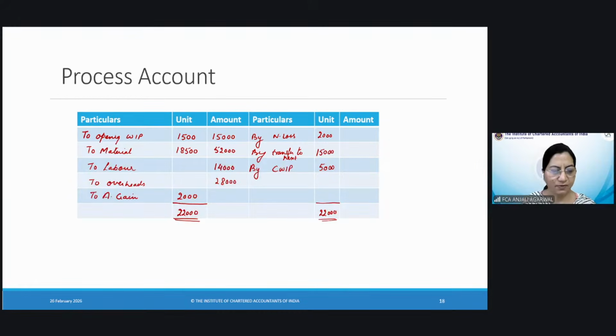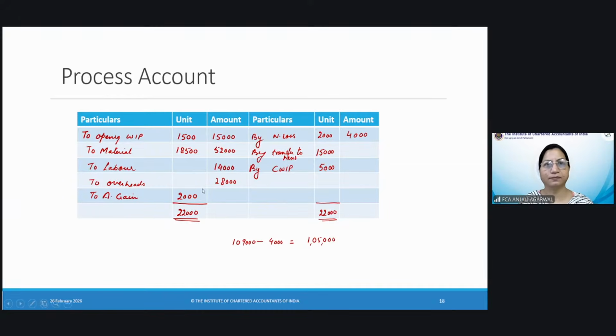So once again, total cost is 15,000 plus 52,000 plus 14,000 plus 28,000, which is 1,09,000. And scrap realized from sale of normal loss would be 4,000. So you can see here the total cost of 1,09,000 minus 4,000, which is equivalent to 1,05,000, is to be allocated in these three figures.